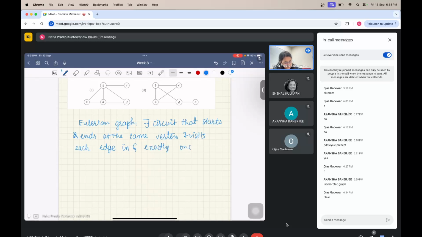So this exactly is a keyword here, because you're not allowed to repeat the edges, and you're also not allowed to leave out some edge. So this is what your Eulerian graph would mean.